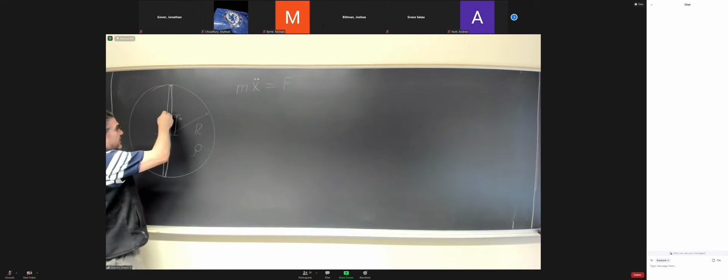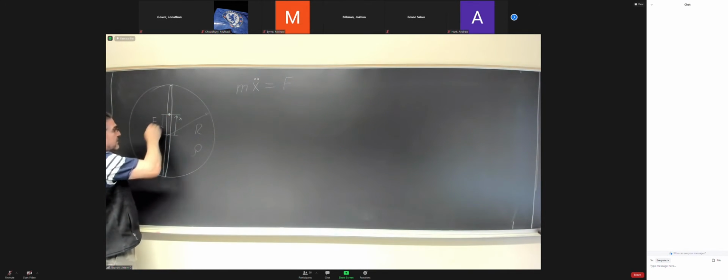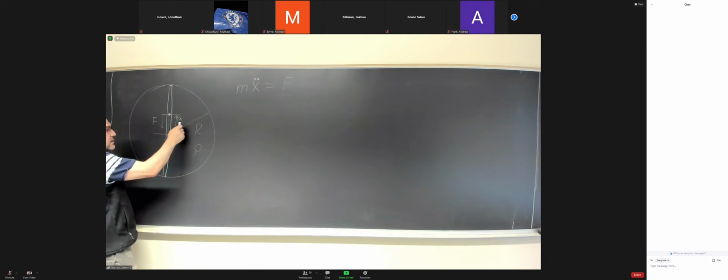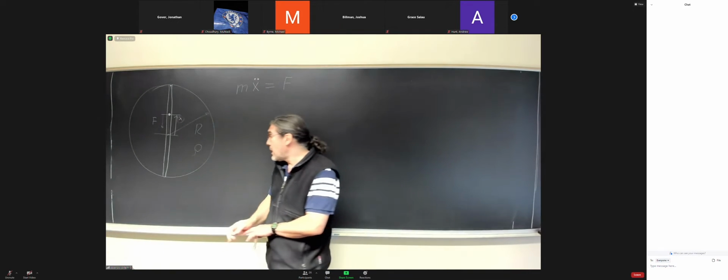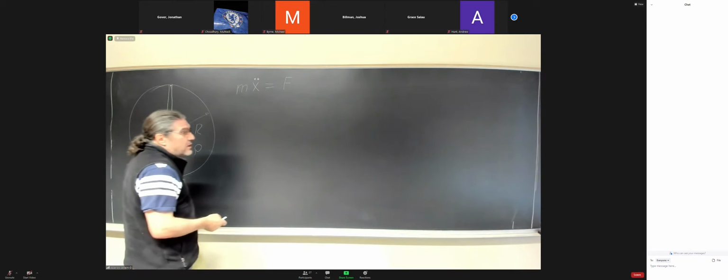Now, the only force which acts on this object, because we neglected everything else, is gravity. So we need to figure out what the force of gravity is at the point where the object is, at distance x from the center. Well, there is Newton's law of gravity, right?